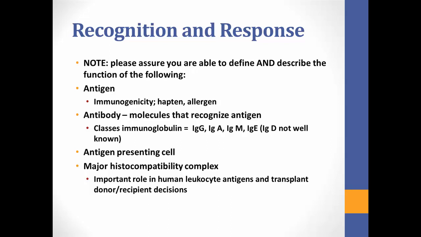The MHC plays a very important role in the human leukocyte antigens, the HLA system, and that matters a lot in our transplant donor and recipient decisions. These HLAs are glycoproteins on the surface of all of our cells except red blood cells. And the function of our HLA, of our major histocompatibility complex, is antigen presentation.